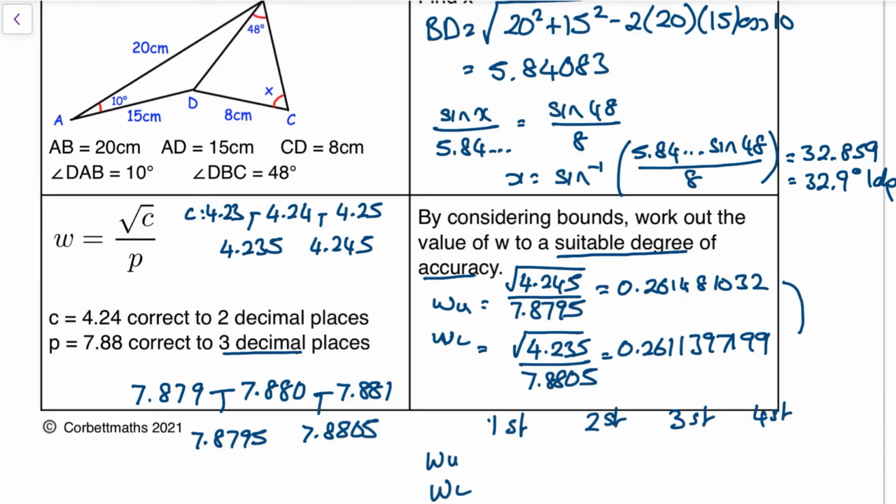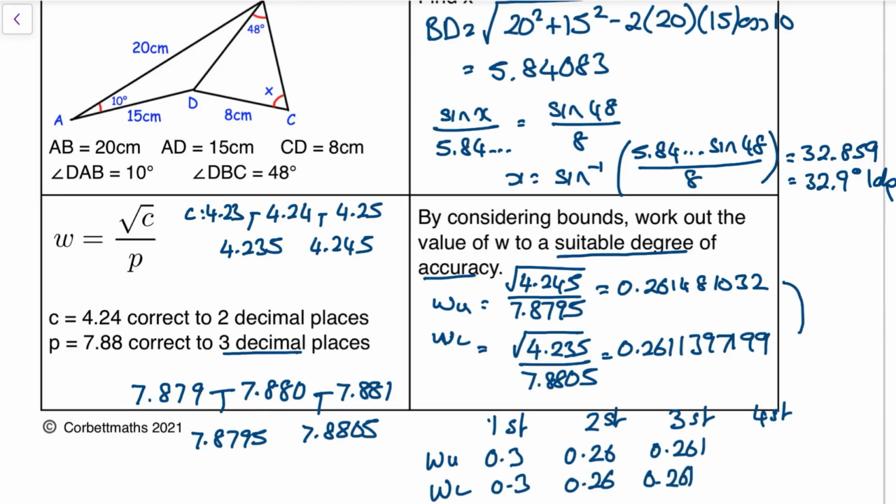So W upper to 1 sig fig is 0.3 and W lower is also 0.3. They're the same. Good. To 2 sig fig is 0.26 and 0.26. So they're the same. Good. 3 sig fig, hopefully it will end soon, is 0.261 and 0.261. I think this might be the last one. They're the same.